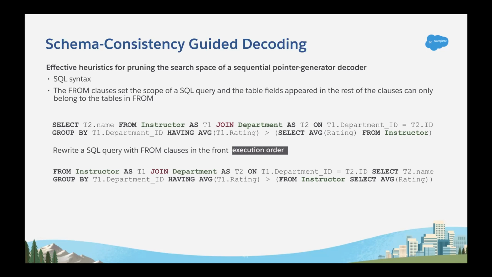We rewrite the SQL query and put the from clause in the front, so it generates the from clause first. So you know what table and what kind of join you will do first. Then you generate others, like select and other conditions, which depend on what tables you need. You need to make it consistent: you cannot use a new table which was not generated in the from clause. So we call it schema consistency.